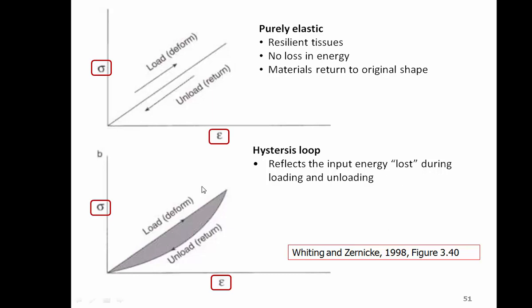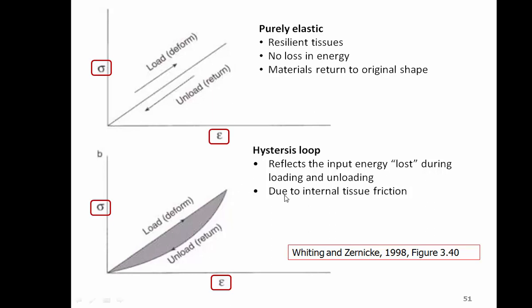Recall that a stretching or a deforming agent, some external load, has to apply mechanical energy that's transferred to the material as it's loaded, and then once that external agent has been removed, the energy gets returned, but not in a viscoelastic response.